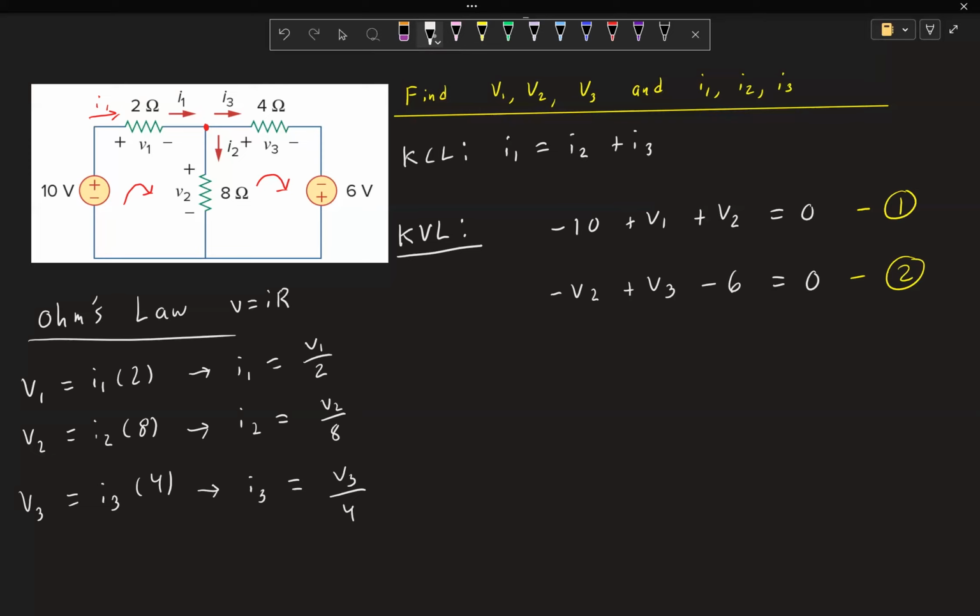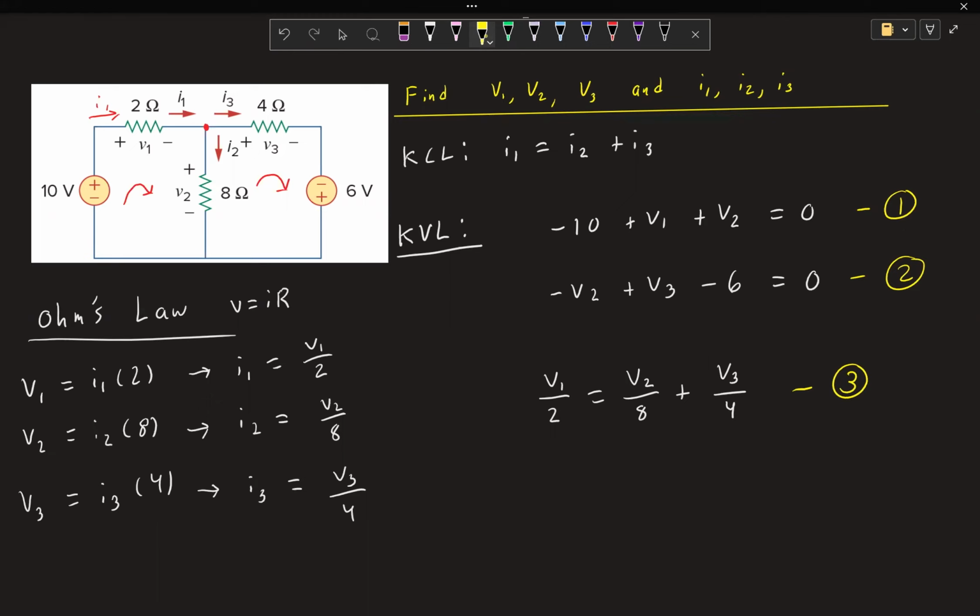Now, if we plug these into the KCL equation, we will get V1 over 2 equals V2 over 8 plus V3 over 4. And that will be our equation number 3.